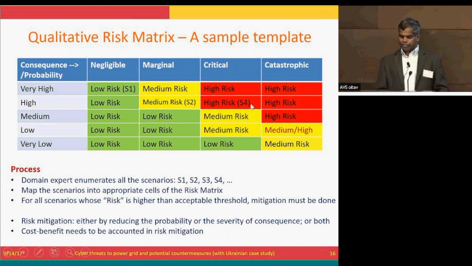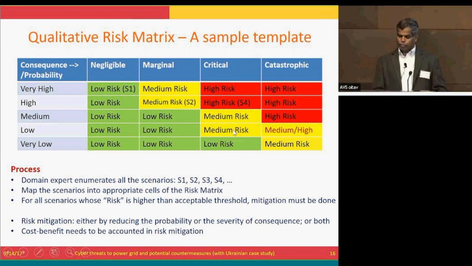For example, in this case, you have scenario S4, whatever that may be. It has high probability and the impact is critical, so it falls here. So risk handling essentially asks, can we bring this S4 down to the medium level or even all the way down to low risk?